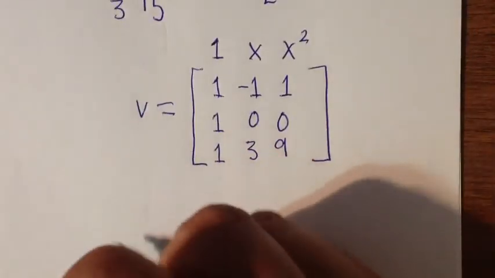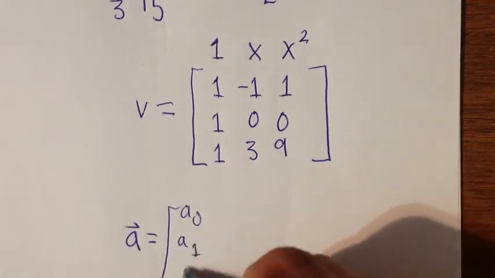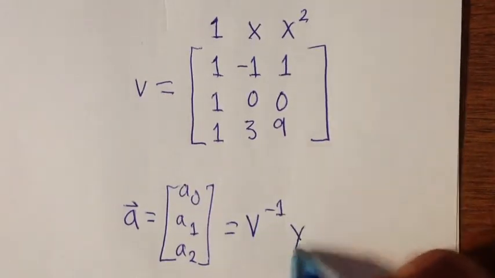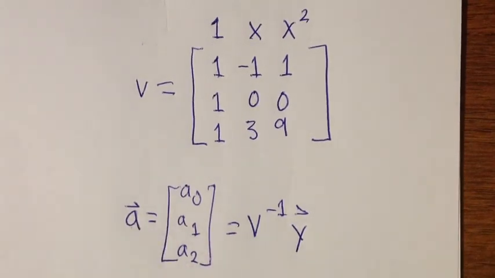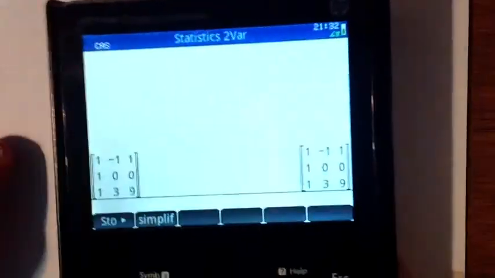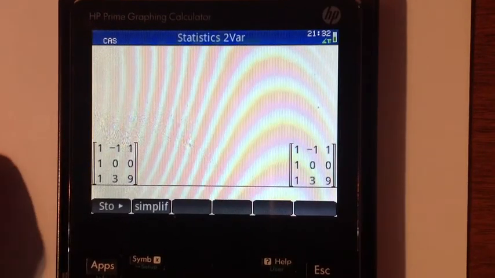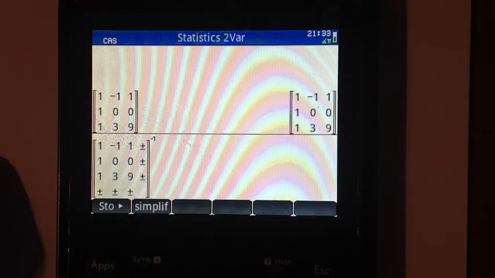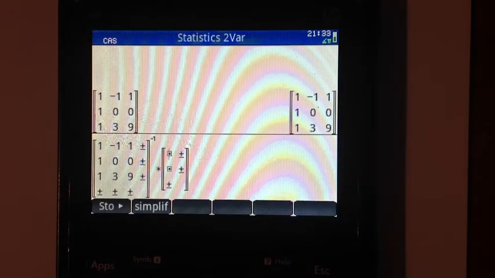Now I have what I need to calculate the a vector, which is going to be a naught, a1, and a2, which is equal to V inverse times the y vector. And I'm going to use my calculator to determine the a vector. Okay, I've entered the Vandermonde matrix into my calculator, and then I'm going to take the inverse of this matrix right here, and then I'll multiply it by the y vector, which was 3, 2, and 5.